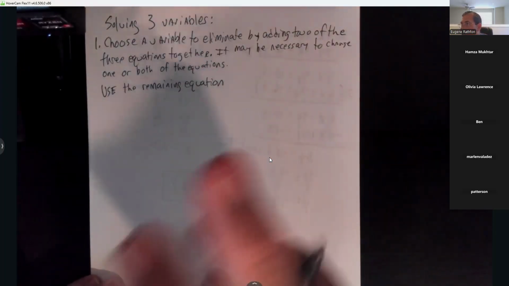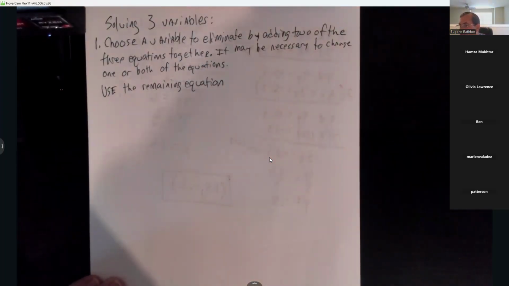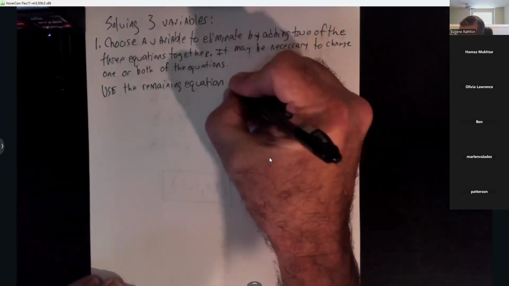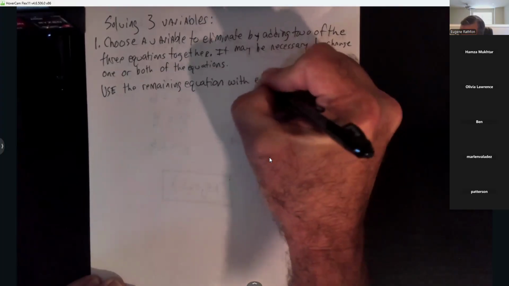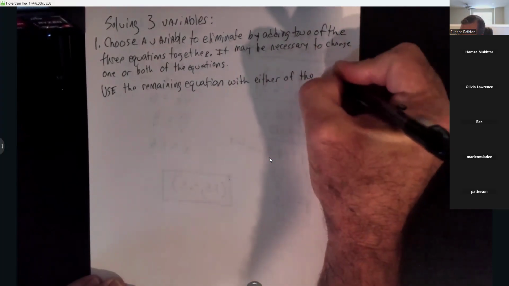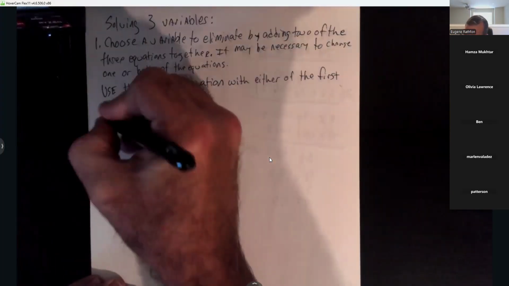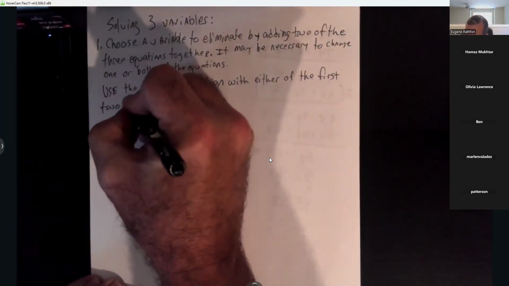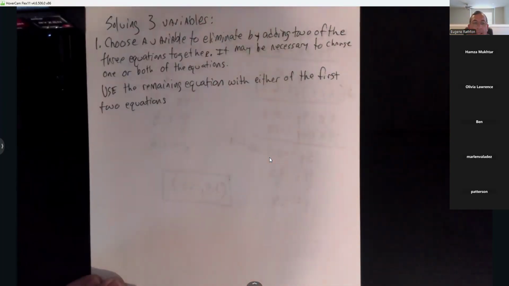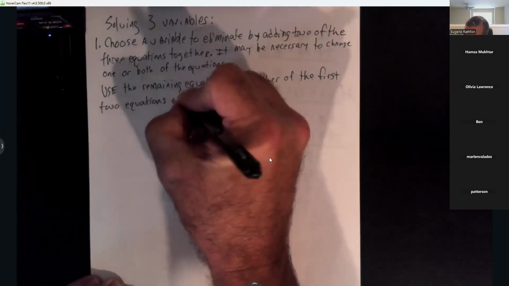So I got three equations. I've used two of them. So I got to use that third equation now. So using the remaining equation with either of the first two equations, eliminate the same variable again.